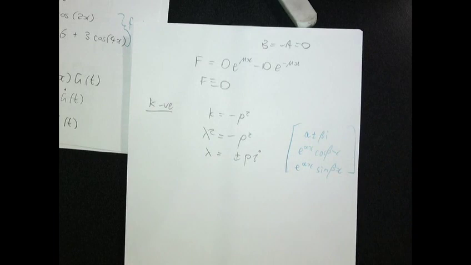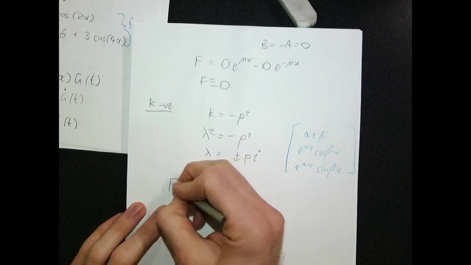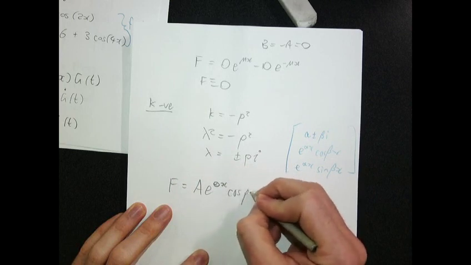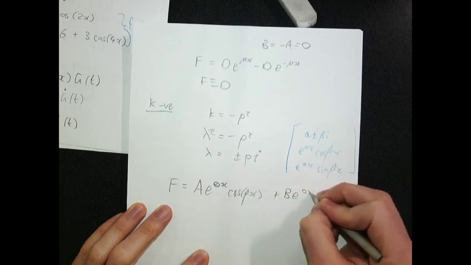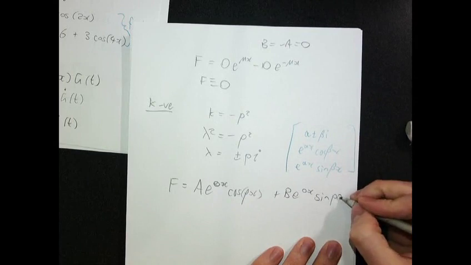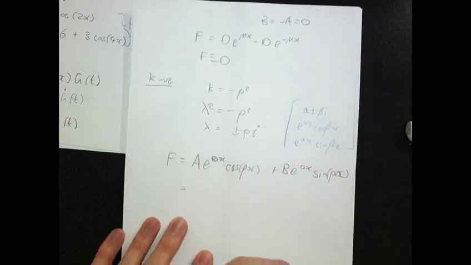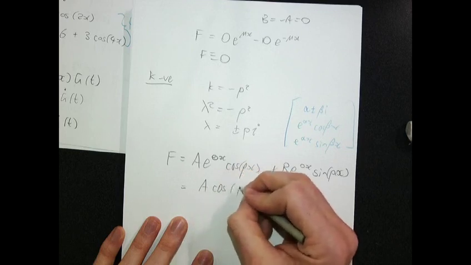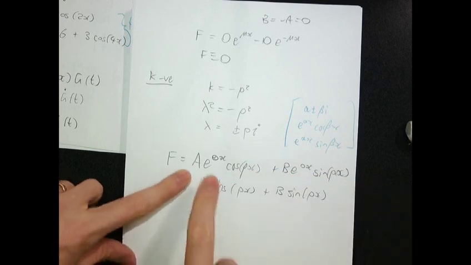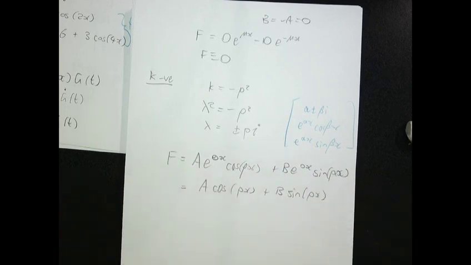So I'm going to write it explicitly. You can skip the explicit bit if you want, but I feel more comfortable this way. So my f is going to be a e to the 0x cos px plus b e to the 0x sine px. But of course, e to the 0x is just 1, so you don't have to put that step in if you feel comfortable not doing that, but I have a certain pattern of behaviour that I need to follow, or I'm not going to get to the end.